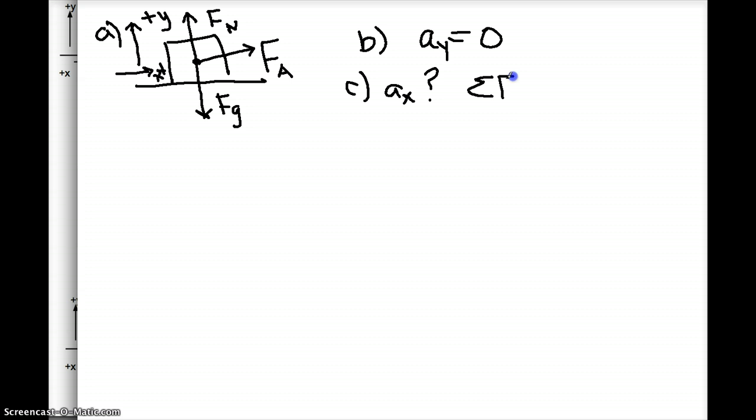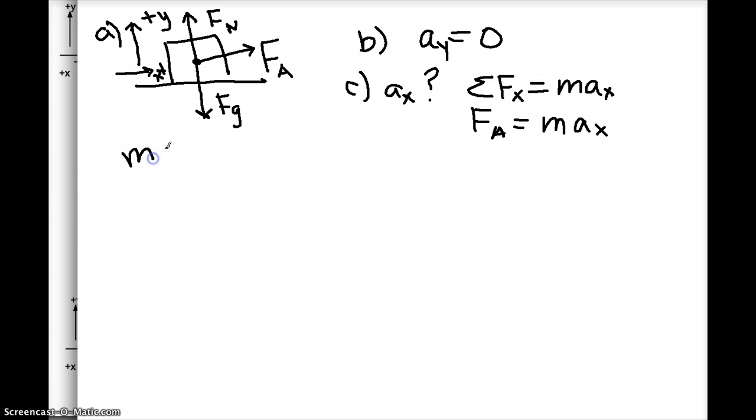So I'm going to use Newton's second law that says that the net force on any object in one direction is equal to the mass times acceleration. In the x direction, because the problem explicitly said to ignore friction, we only have this applied force acting in the x direction.